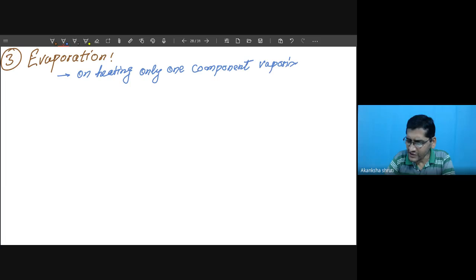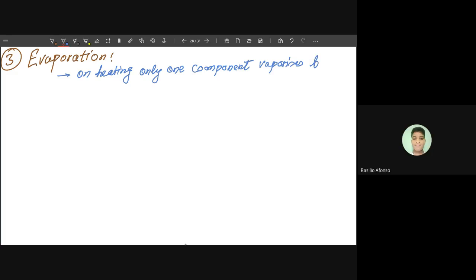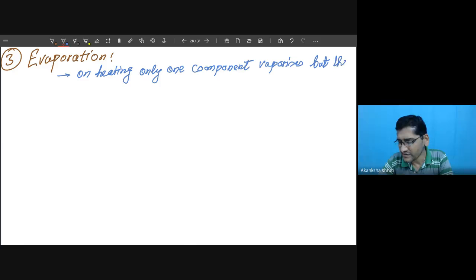Vaporizes means it changes into vapor phase, the gaseous state.